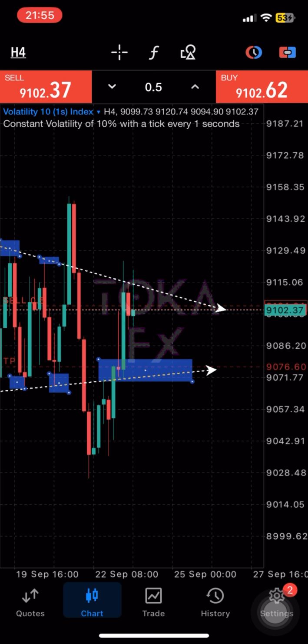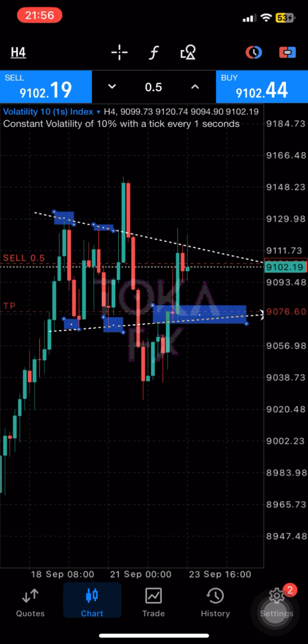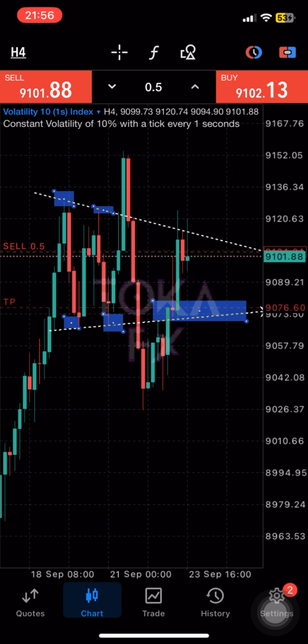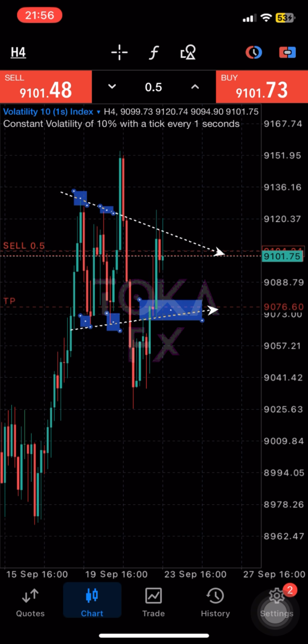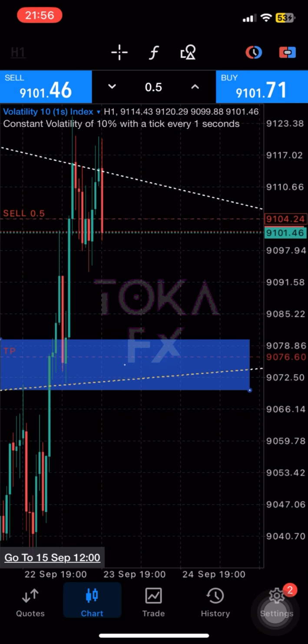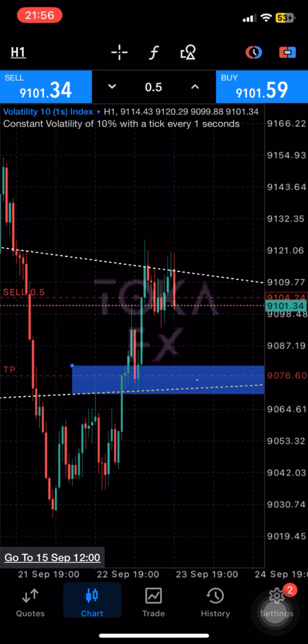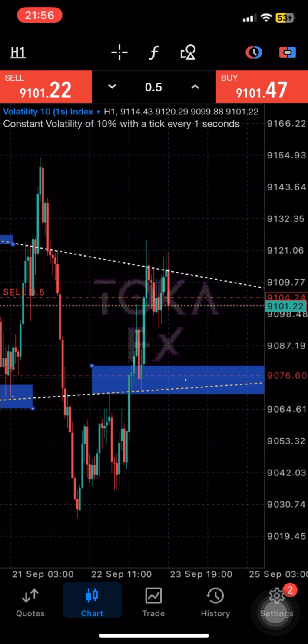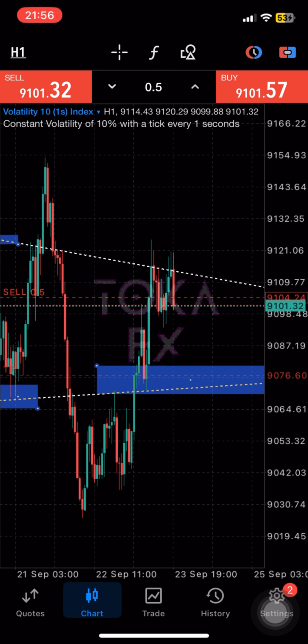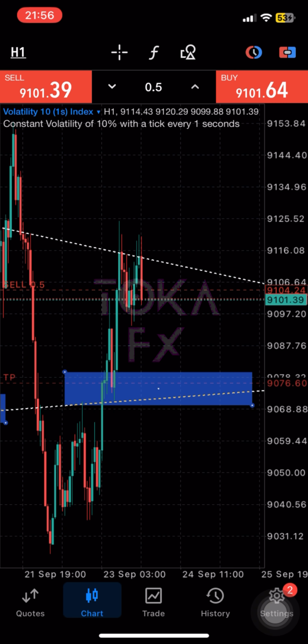Why that level? Because that's where our diagonal supporting trend line is. When the market touches the diagonal supporting trend line, it will stop pushing to the downside and start pushing to the upside. Also, the M formation would have been completed by that time.